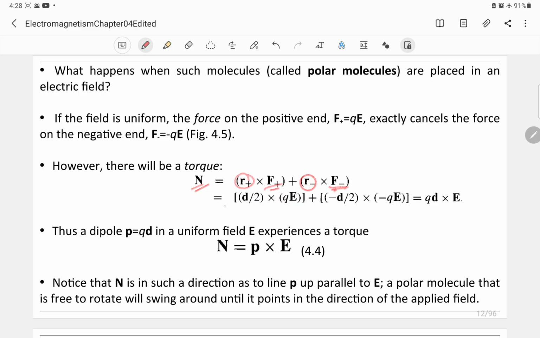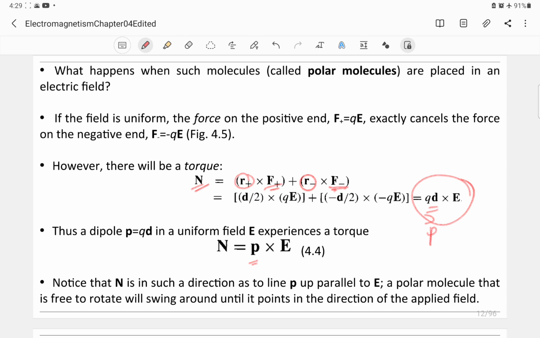So all in all, you have N equals QD, and QD is just P, which is this one. So you have a torque, and this torque is necessary in order to line up the dipole moments parallel to E.